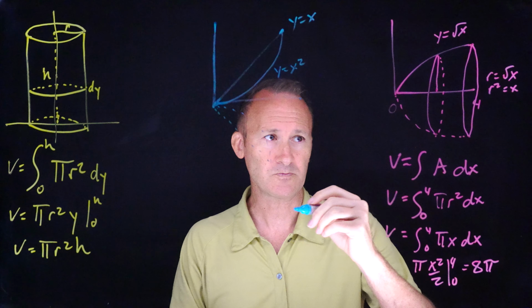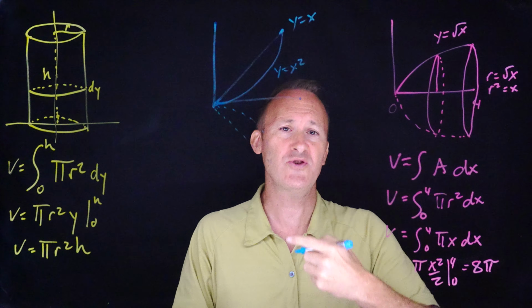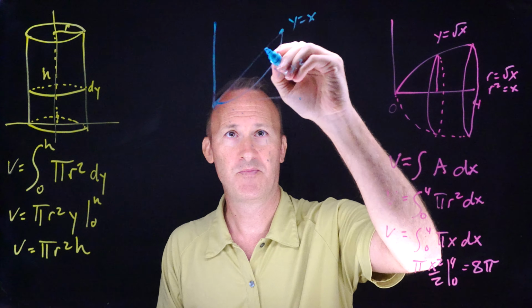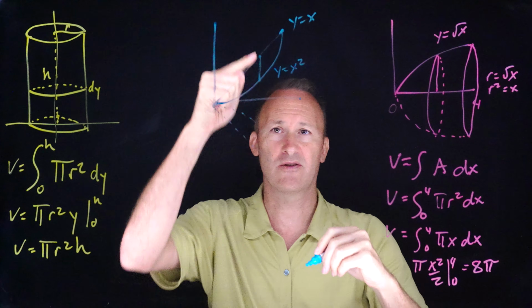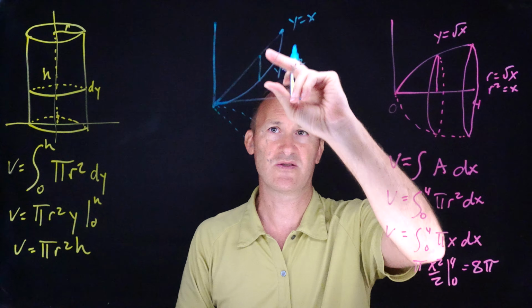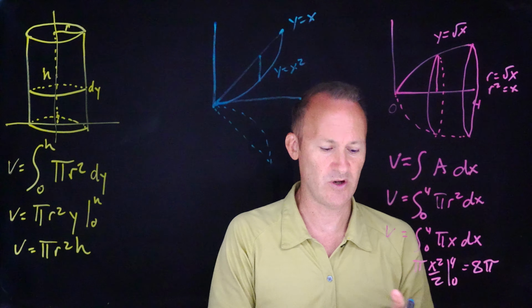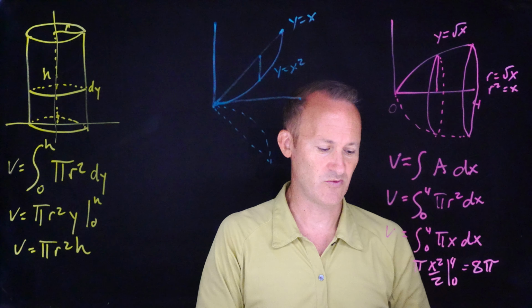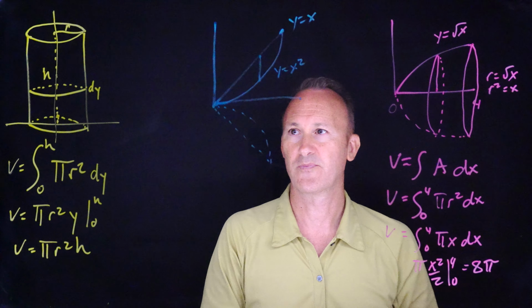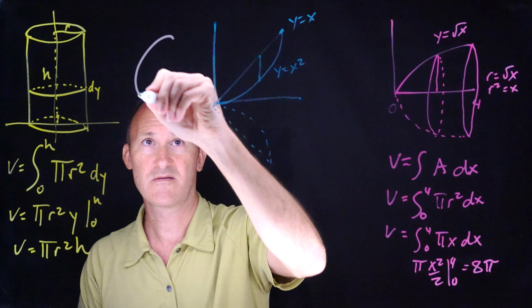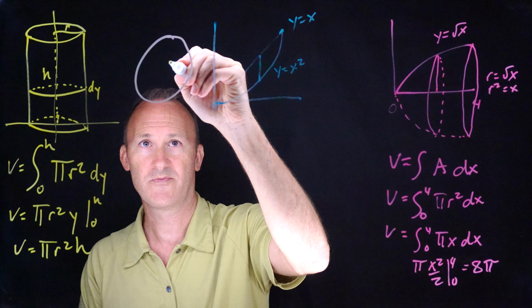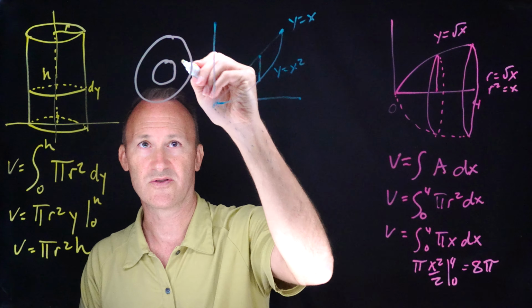Rotating around, it's still going to be circular, but if we look at this cross-section and rotate it around, we've got these two points rotated around. What do you end up with? You end up with what's called a washer. A washer looks something like this: you've got a circle, and then you've got another circle.